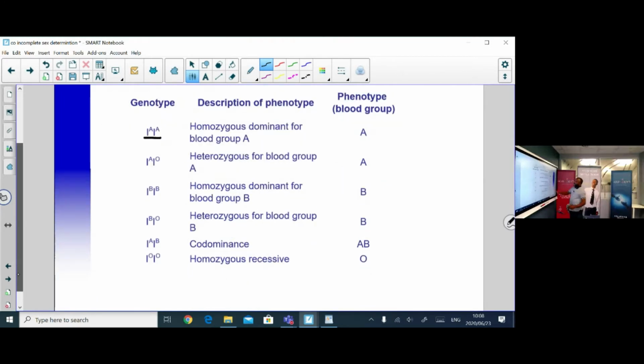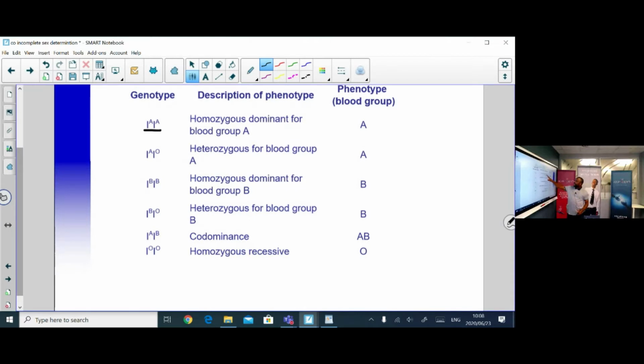We went through homozygous dominant for A, and A and O, which means heterozygous for blood group A. Still the phenotype remains A because A is dominant over O. We talked about B, if it's double B, which means B in the homozygous condition. And I said A and B are both shown because of the codominant nature of the 2 alleles.